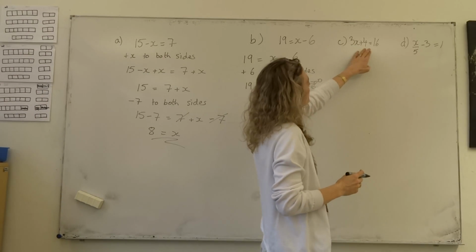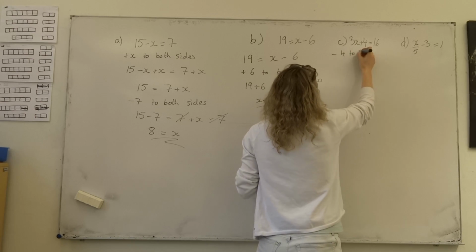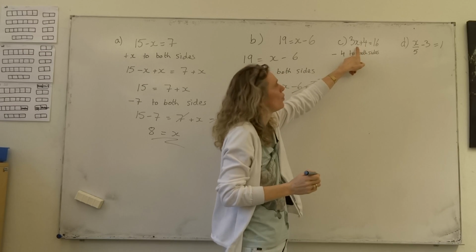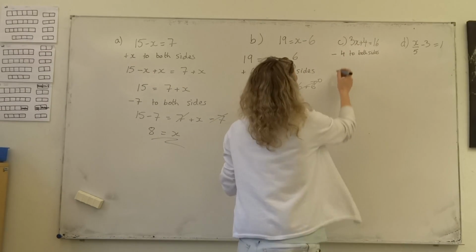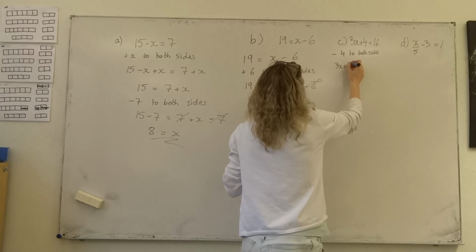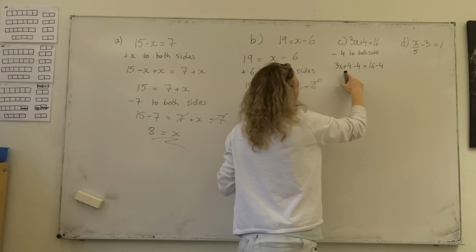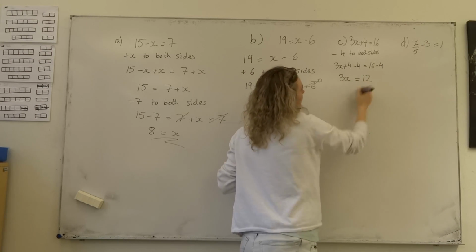3 lots of x plus 4 equals 16. We'll start with minus 4 to both sides. Keep all the x's on one side of the equal sign and all the numbers move over to the other. 3x plus 4 minus 4 equals 16 minus 4. 4 minus 4 is 0, so we get 3 lots of x equals 12.